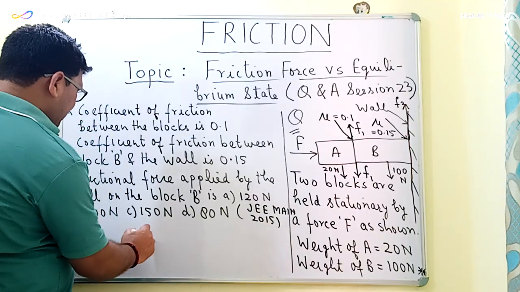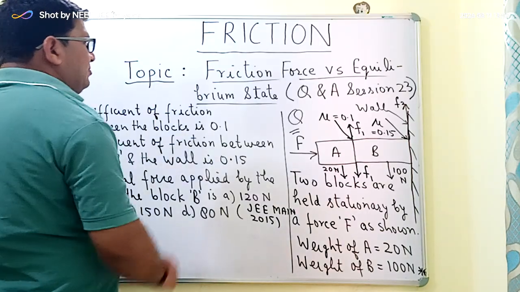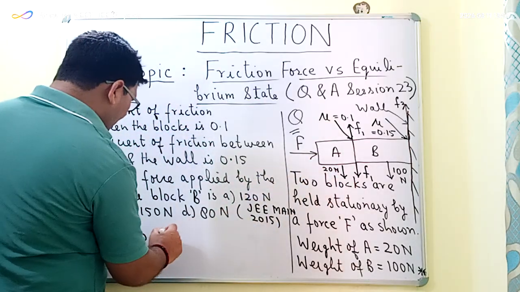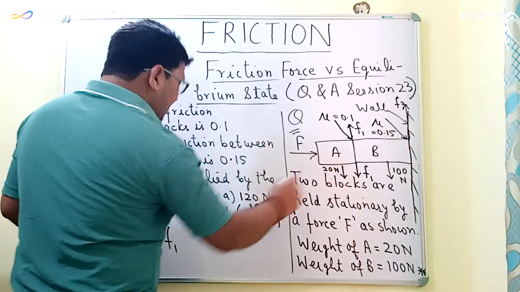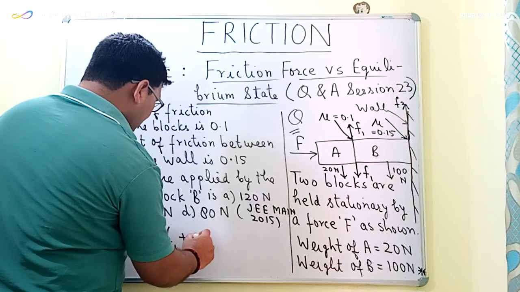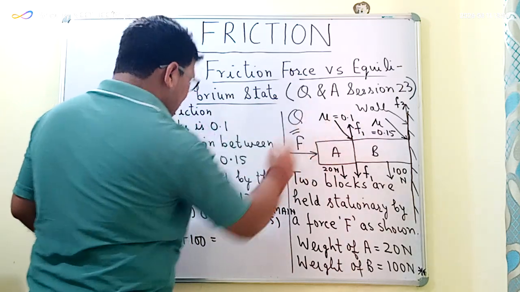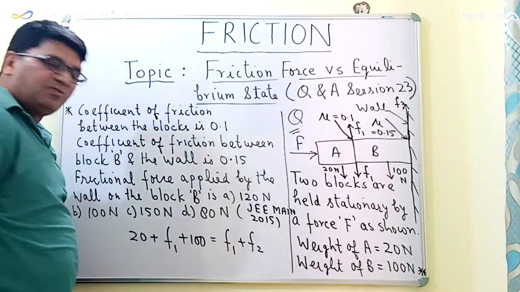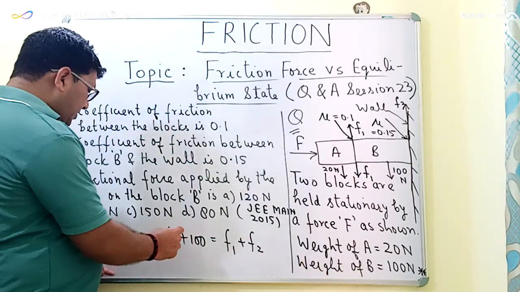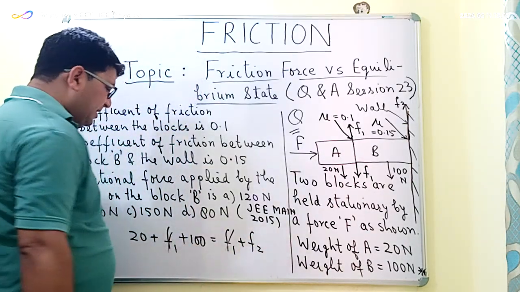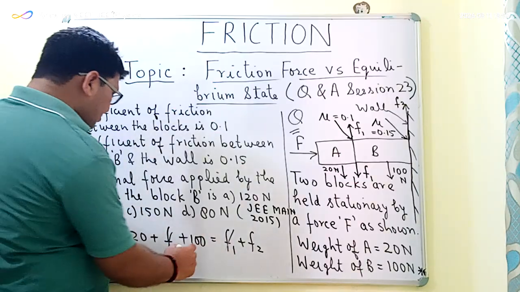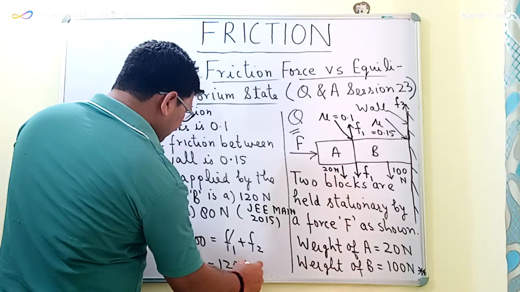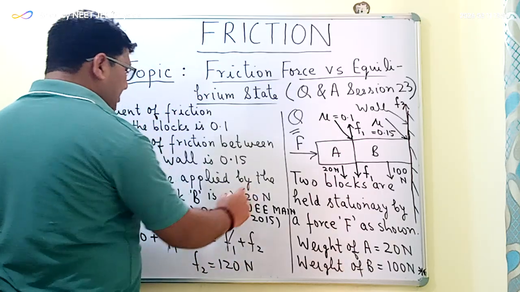So in the equilibrium state, 20 plus F1 plus 100 should be equal to F1 plus F2. So this is one equation which we have got, and from here this F1 and F1 will get cancelled out. So F2 is equal to 120 newtons. So the correct option here is A.